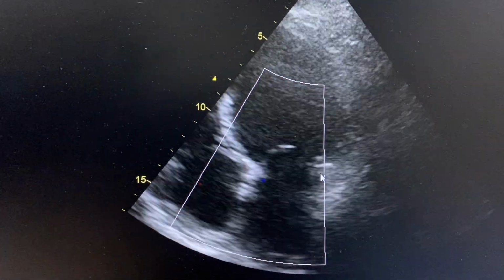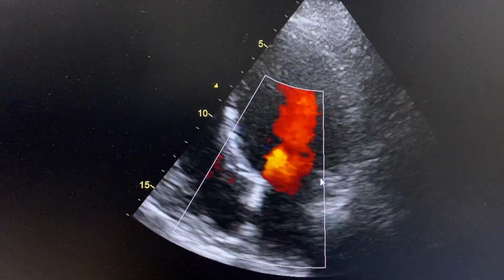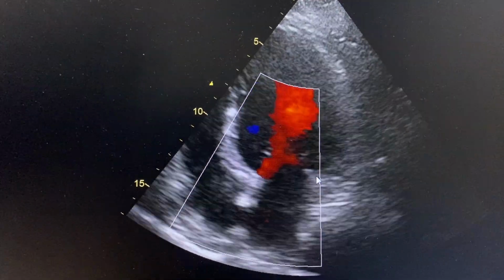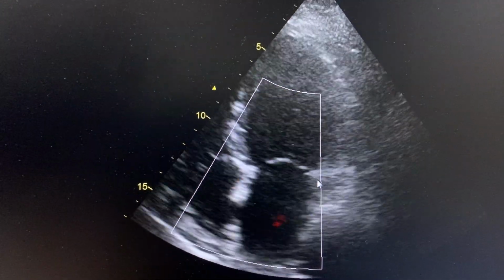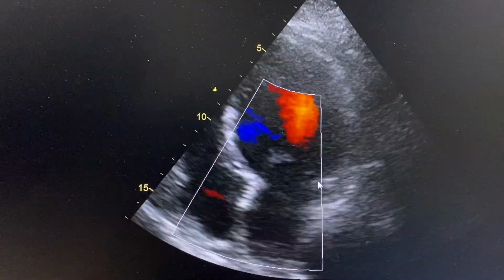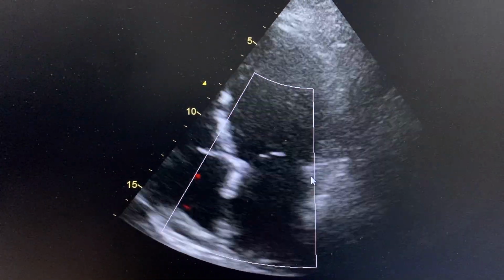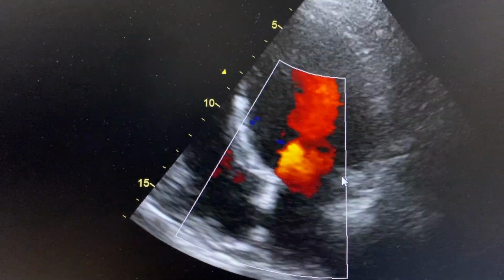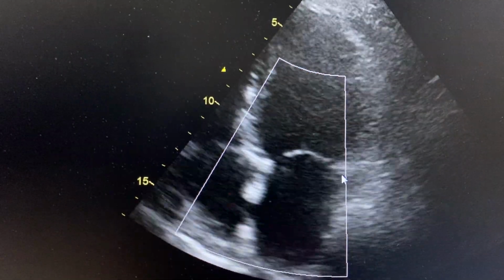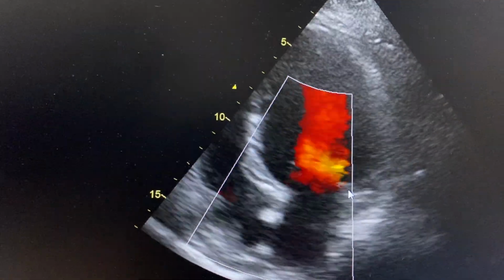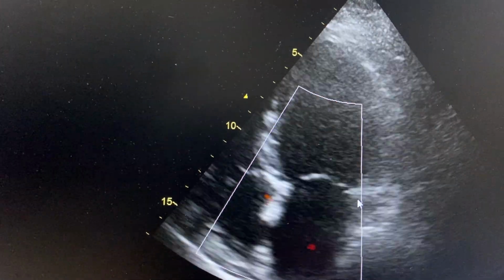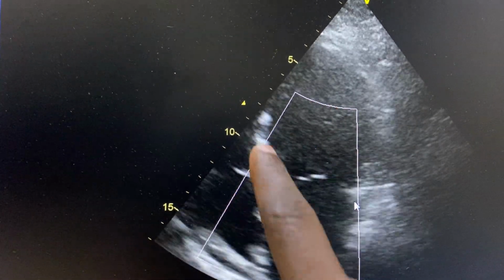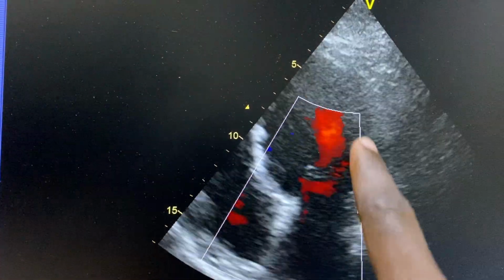You can see here that this is the four chamber view. I have the anterolateral and inferior septum. You can see that the inferior septum is moving very well, and the anterolateral appears to be moving here.